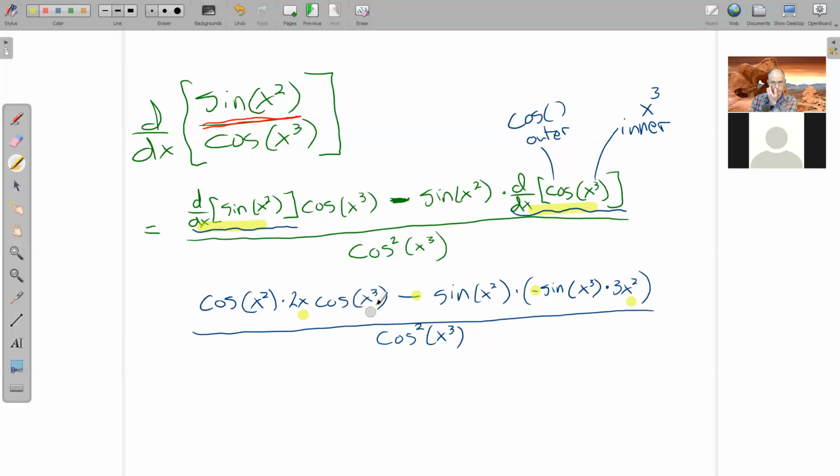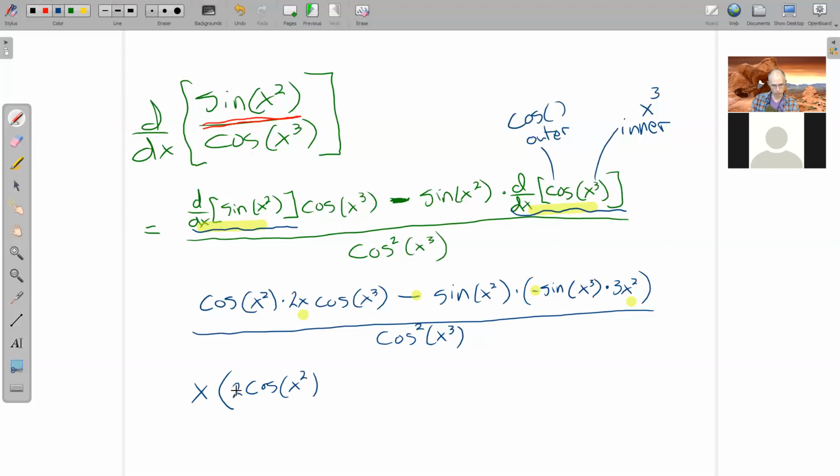I have a cosine of x cubed, no other cosine of x cubed. I have a sine of x squared, at least in the top. There's no other sines of x squared, sine of x cubed. Not much happens. All right, so the best so far I think I can do here is factor out an x, and that leaves a cosine of x squared.